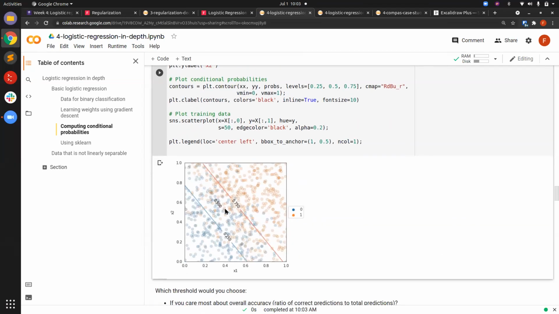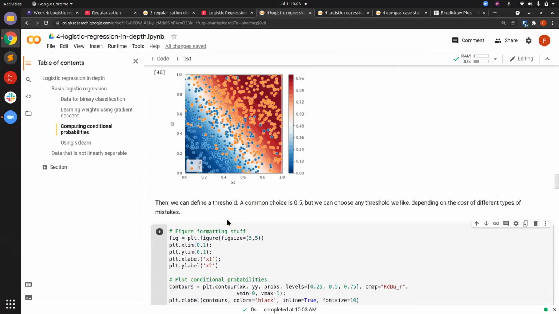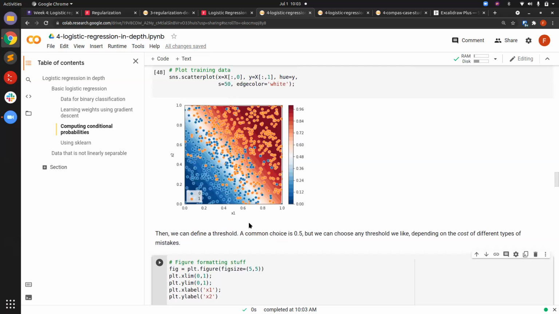Now, we can plot different decision thresholds depending on how we want to penalize different types of mistakes. So if you want to get the best overall accuracy, then the 50% threshold is a good choice. But what about if you don't really care about accuracy, but there is a very strong cost associated with misclassifying a negative point as positive?